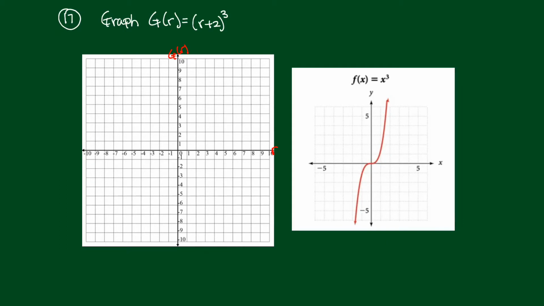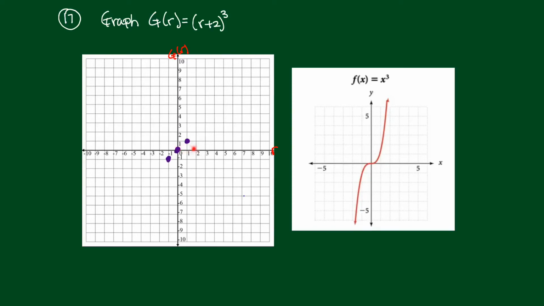Let's apply that idea over here at the big graph. I'll start at the origin, and then I'll start making these movements. If I go to the right one, cube it, I go up 1, so let's put a point there. If I go to the left one, I cube -1, and I get -1, so I'll go down 1. Now let's start at the origin and move out 2.